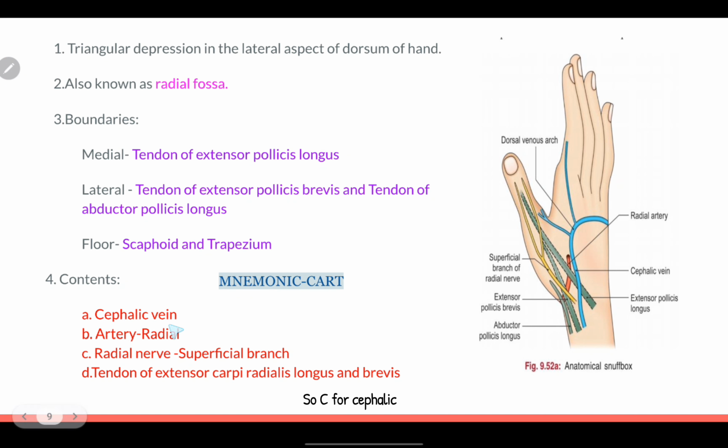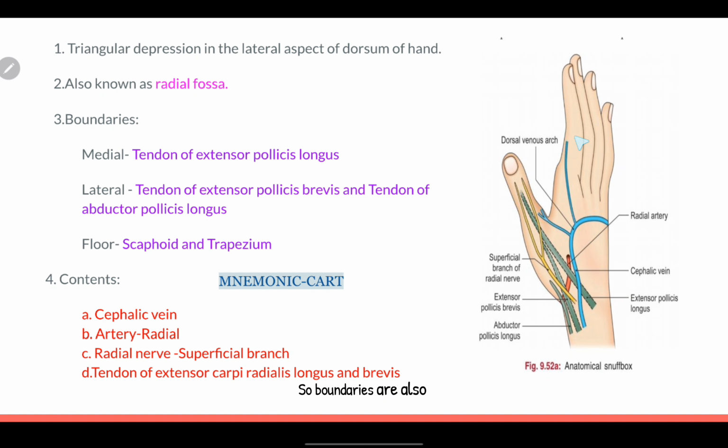C for cephalic vein, A for artery, which is the radial artery, R for radial nerve, the superficial branch, and T for tendon of extensor carpi radialis longus and brevis. With this mnemonic, you can remember the contents.